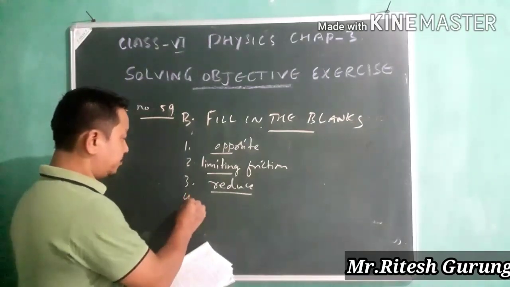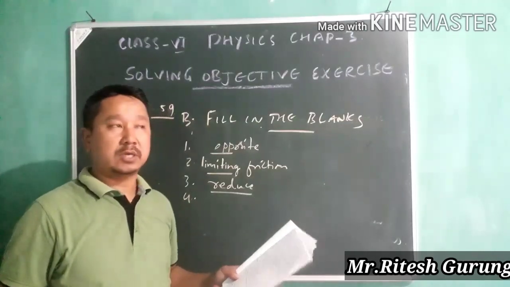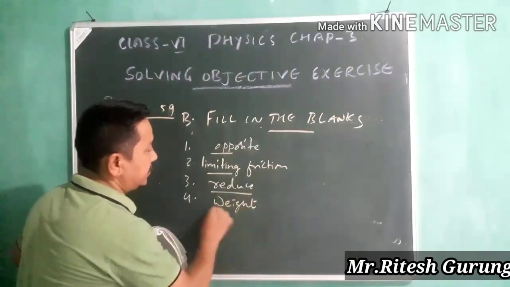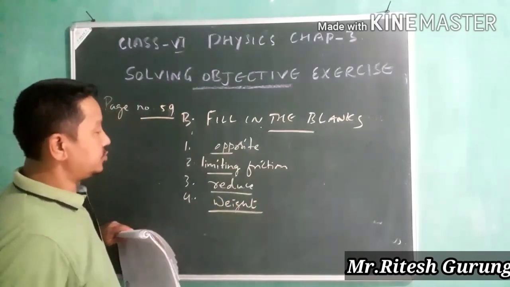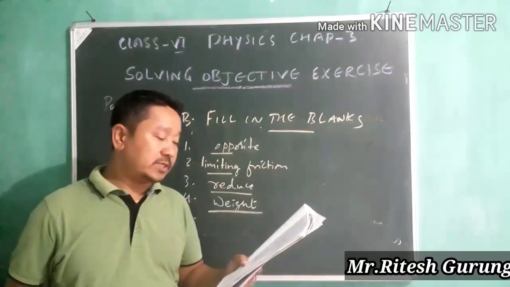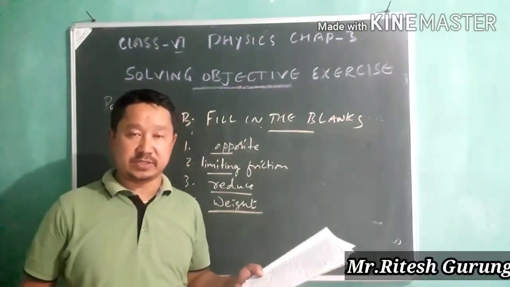Number 4, the spring balance is used to measure what? It is weight. Okay, spring balance is used to measure weight. Number 5, rolling friction is much less than the sliding friction. Rolling friction and sliding friction are there.